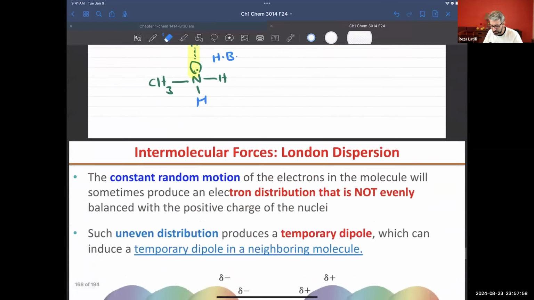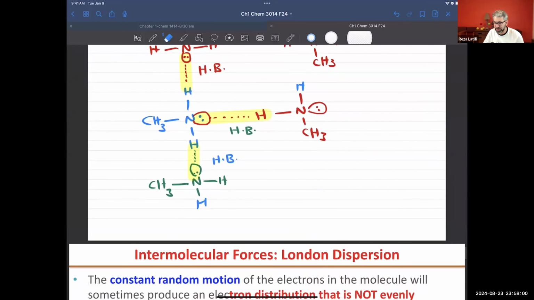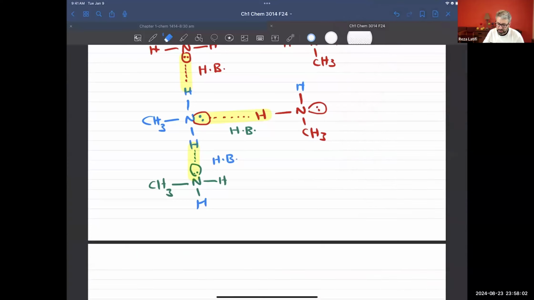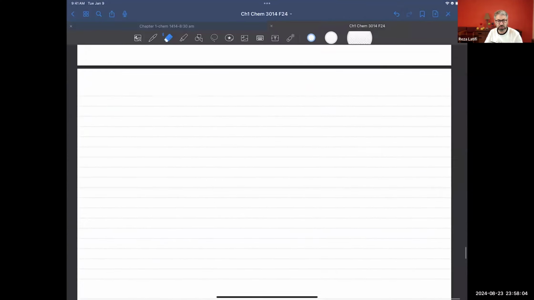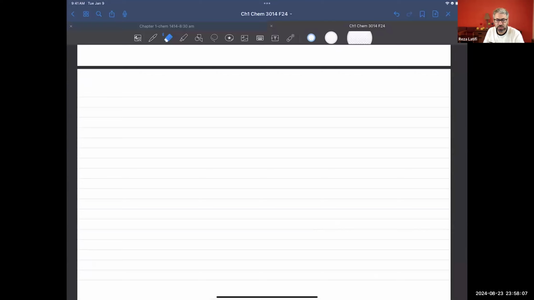But one very well-known disease that technically comes from intermolecular forces is sickle cell disease, the disease in which the blood cells change shape, turning kind of like a sickle. And because of that, their efficiency in carrying oxygen goes down, and that person will suffer from a kind of lack of oxygen. Okay.